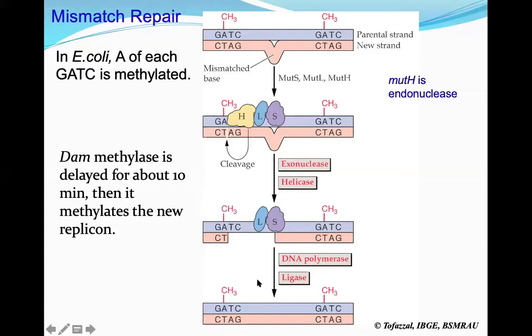DNA polymerase and ligase seal it. This is the way mismatch repair takes place, and it is now a corrected one.